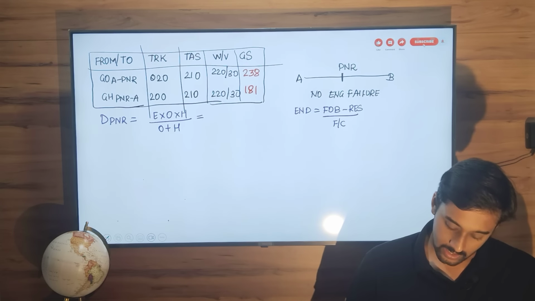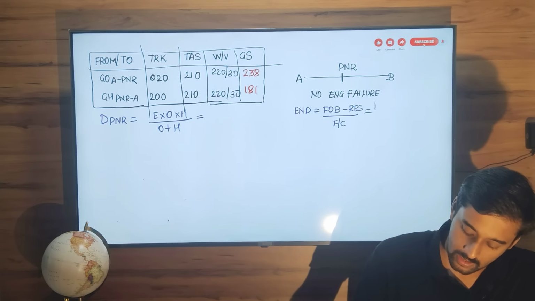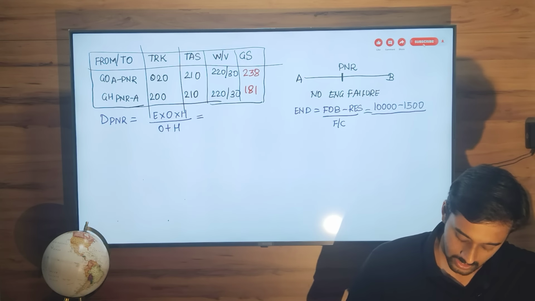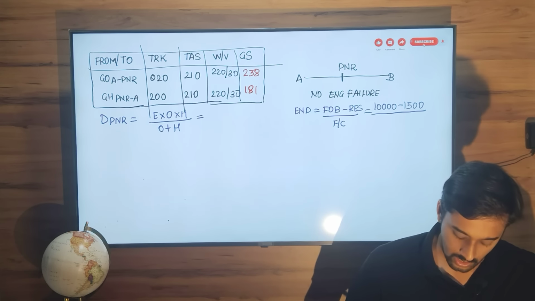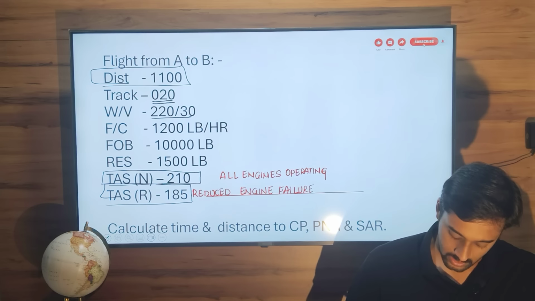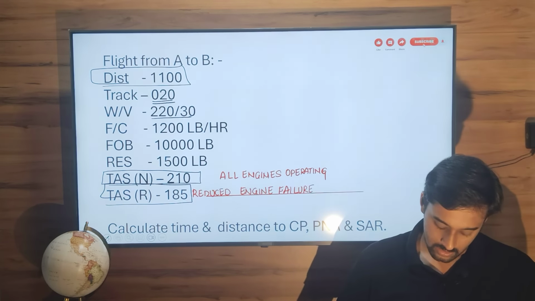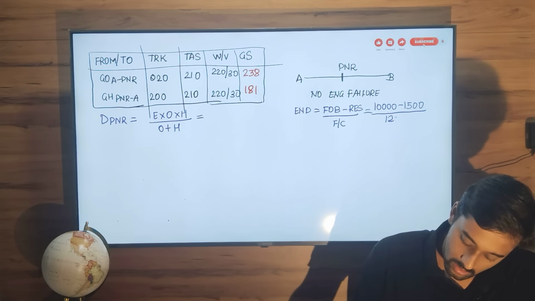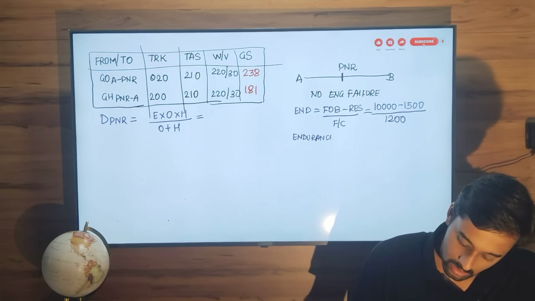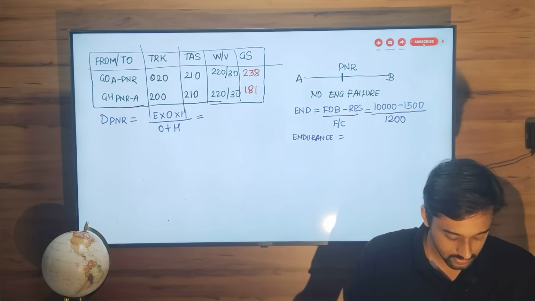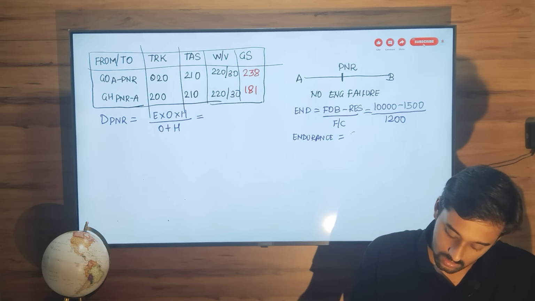Reserve is 1,500. Fuel consumption is 1,200. So endurance will be 10,000 minus 1,500 is 8,500, divided by 1,200.